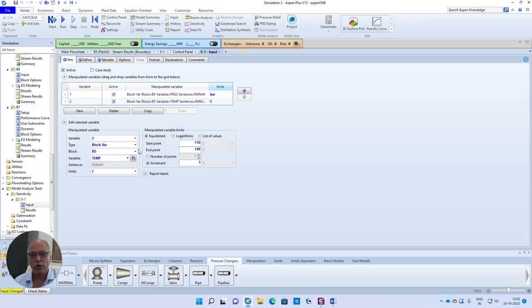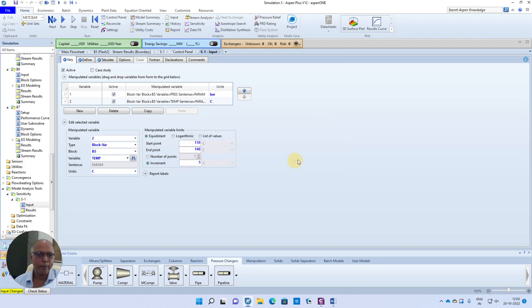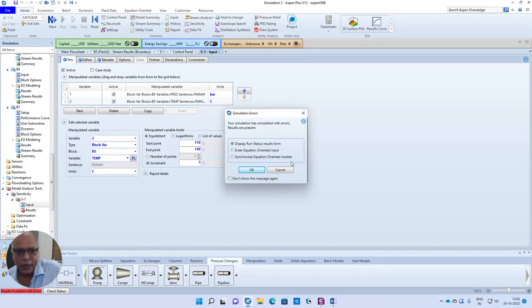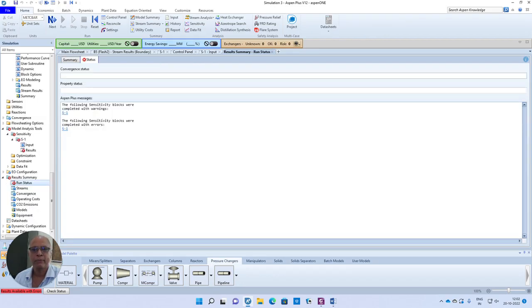Now, having included the second variable, we need to run this problem. Remember, the pressure is varied between 10 to 15 in steps of 1. The temperature is varied in steps of 5. So there were some errors. Let us see. You still will be able to get some results.